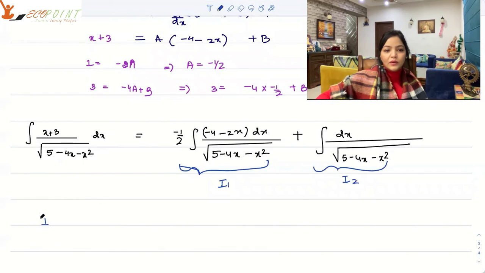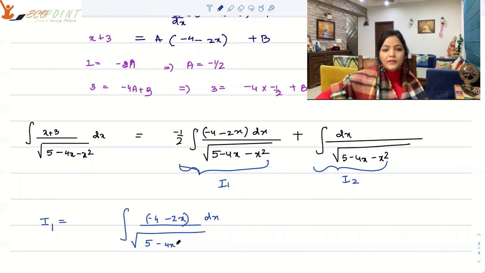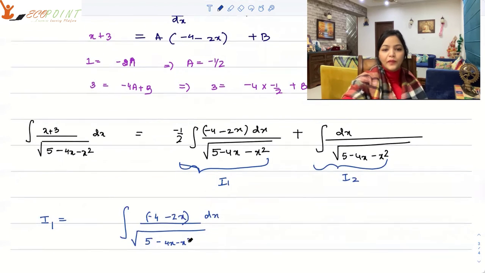So let's work with I1 first. Let me just keep minus half outside. So let's just take the integral I1. It's integral minus 4 minus 2x dx upon square root of 5 minus 4x minus x square.